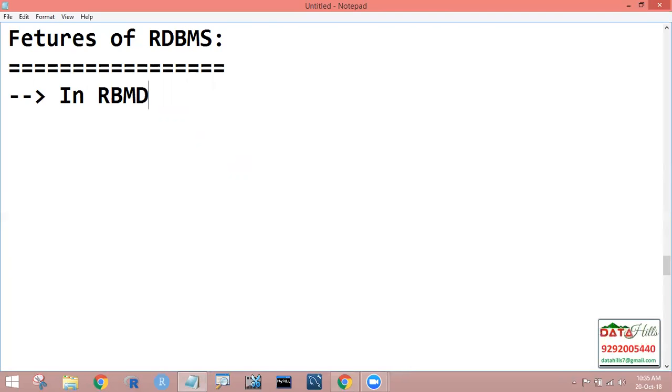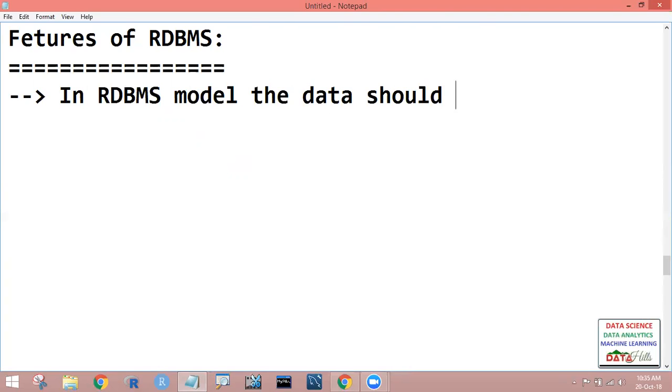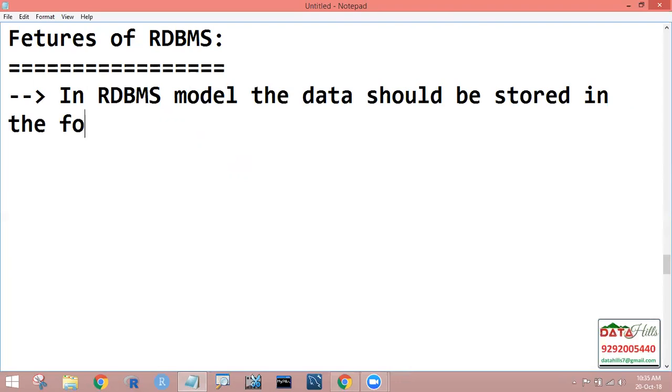In the RDBMS model, the data should be stored in the format of a table. Actually, what is a table?